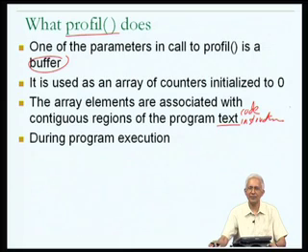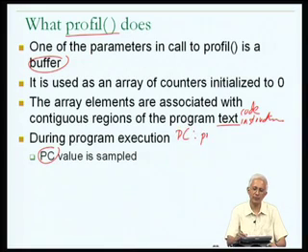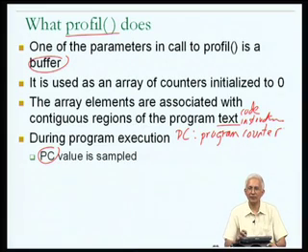Now during program execution, when the program is actually executing, every once in a while the program counter value is sampled. Remember that PC was the name of one of the special purpose registers inside the CPU. At any given point in time, that register contains the address of the instruction which is currently being executed.